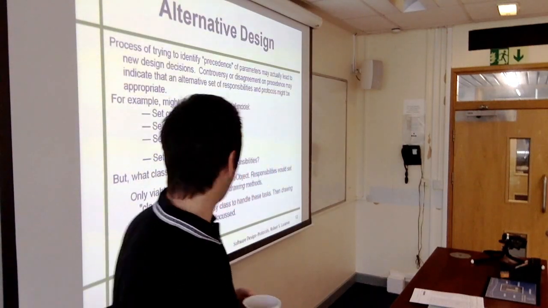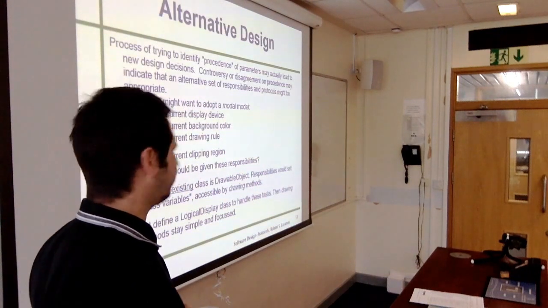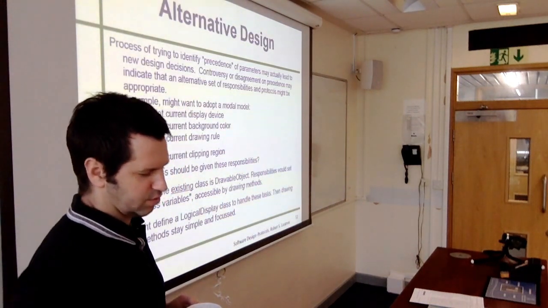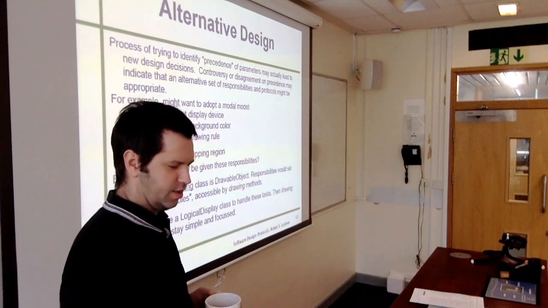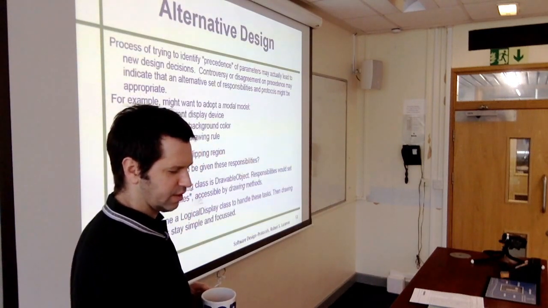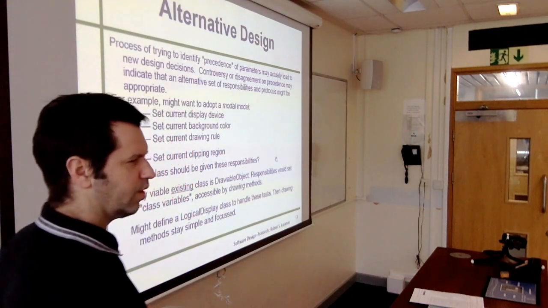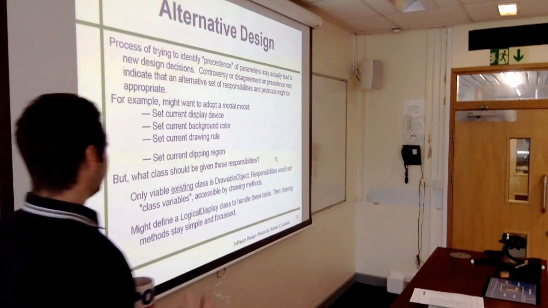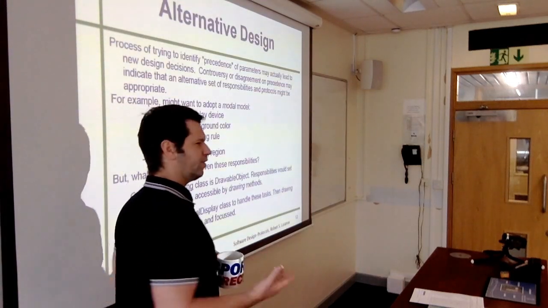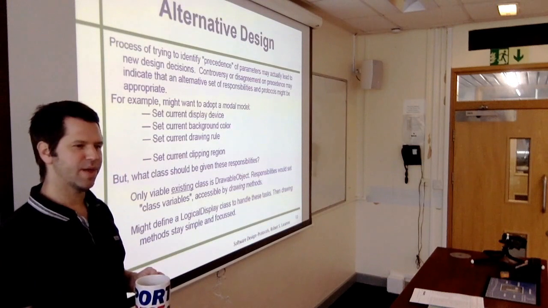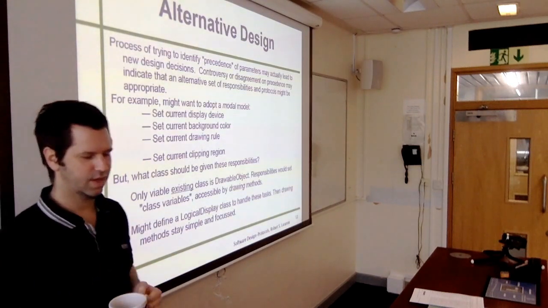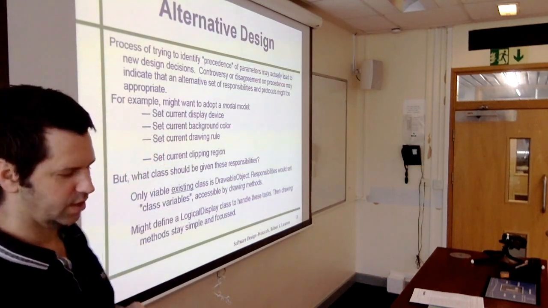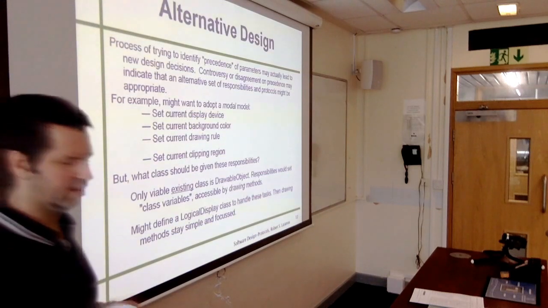In this case, drawable object is a good place to put these responsibilities, and these responsibilities would correspond to class variables that are stored in the drawable object class and accessed with accessor methods. That's the default. That's the way I personally design all of my software.